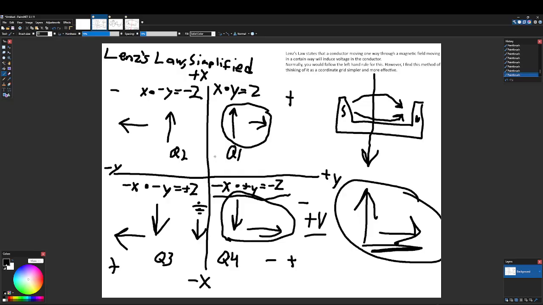Yeah, I think I have explained it as best I really can. It's definitely a tricky subject to get a hold of, but I hope this helps clear up a little bit of the fog. Obviously the finger rule really helps explain the how or the reasoning why, but I feel like using this coordinate plane system explains it in a much simpler way where you don't need to worry about which direction your fingers are pointing.